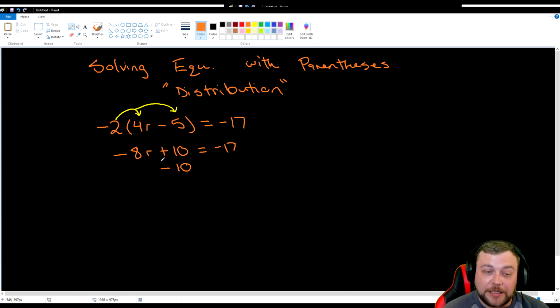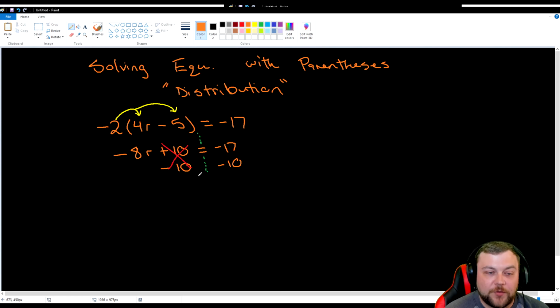Okay. So what we did to the left side, we have to do to the right. We have to subtract that 10. Think of this equal sign as a meter. Okay? So this part here, our plus 10 and -10, they cancel out.